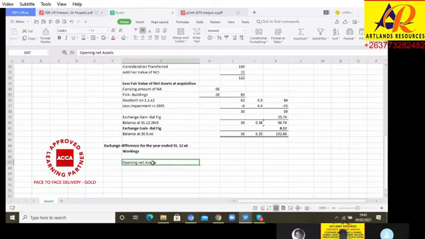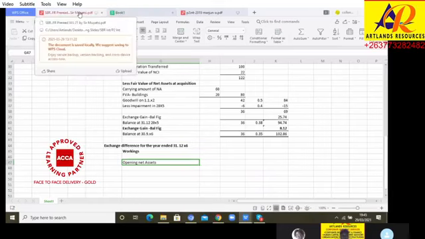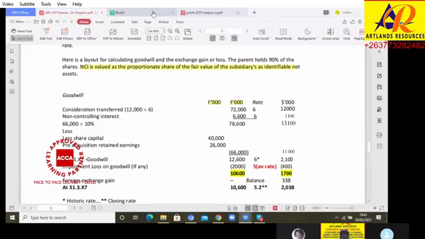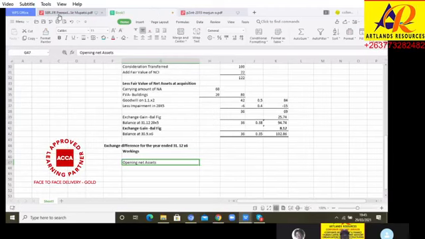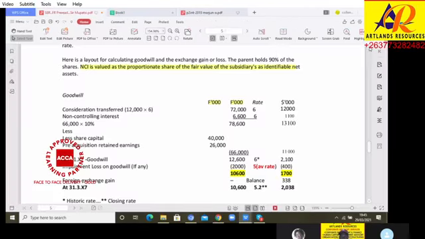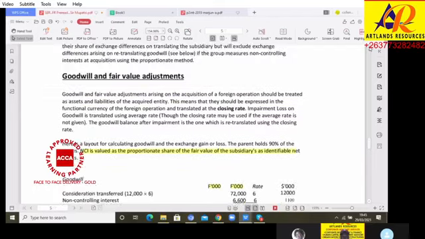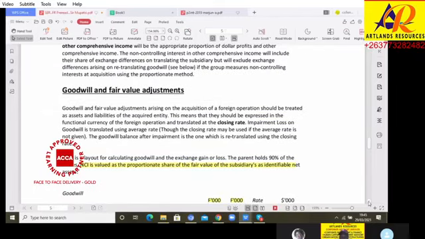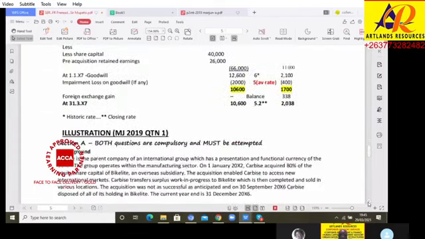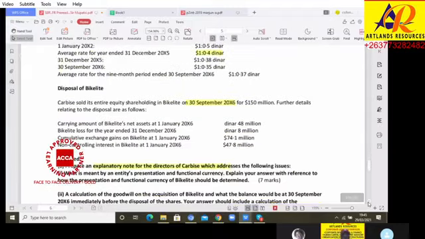So for the opening net assets of this particular company for 20x6, are we given these in the question? Oh, sorry, let me scroll down to the question and see. Carrying amount of Bakelite's net assets. Are you not seeing?